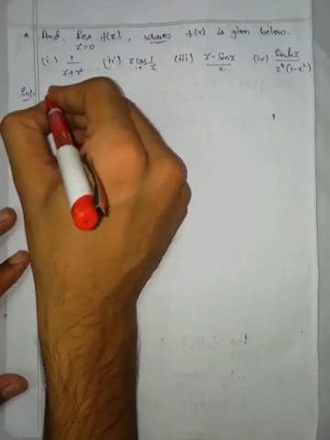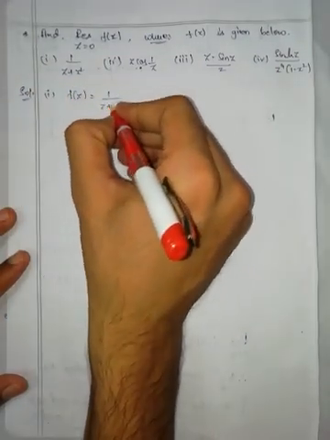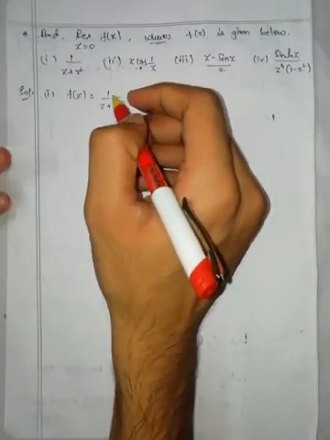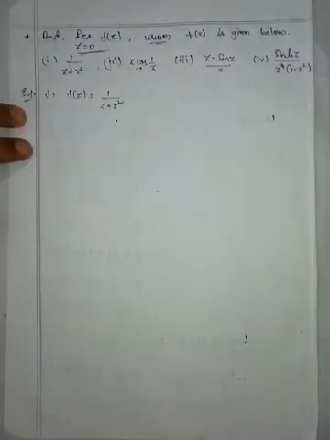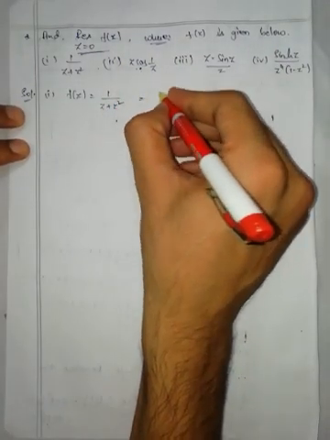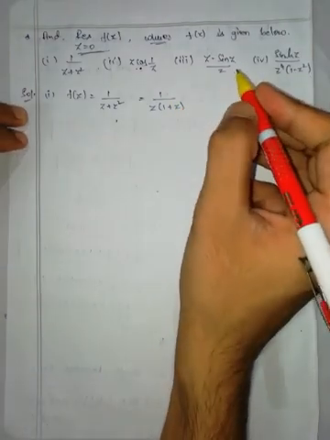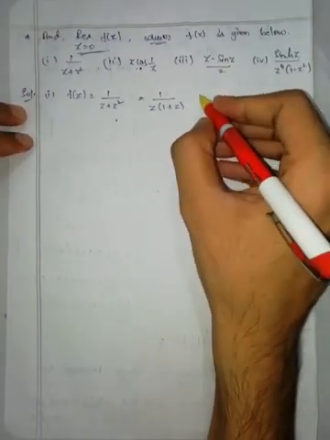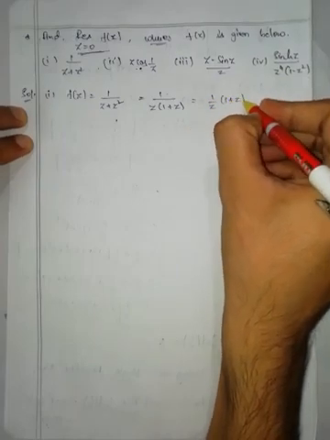Solution. First one, f of z is equal to 1 by z plus z square. What we have to find? We have to find the residue at z is equal to 0. This one can be written as 1 by z into 1 plus z whole inverse.